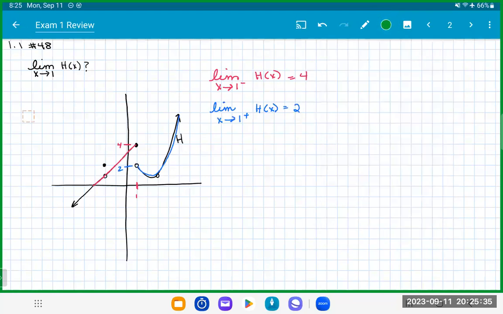And since these two values are not equal, then we can say that the limit as x approaches 1 of this function, h of x, does not exist. Okay. Questions?